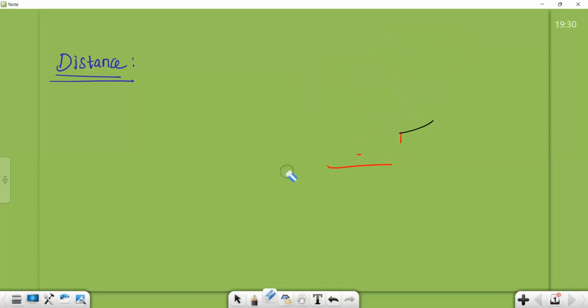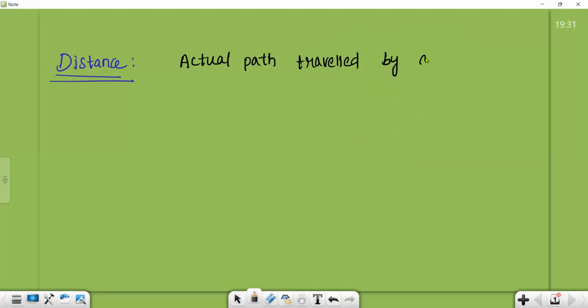So you can write the definition of distance: the actual path traveled by a body in a given time.